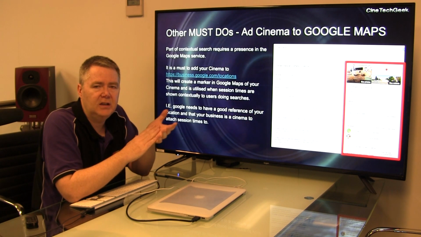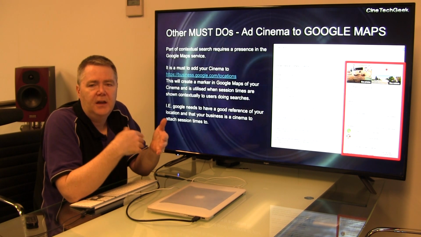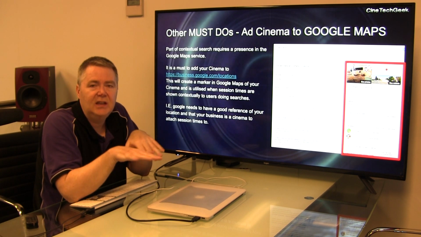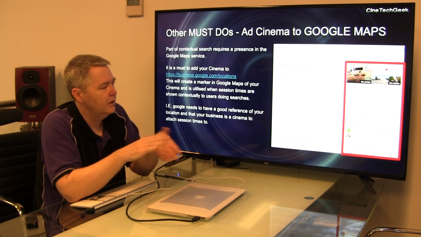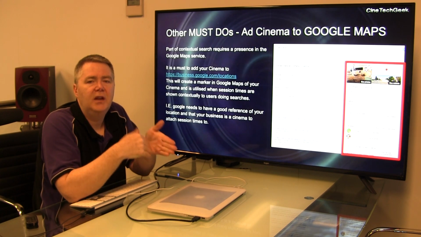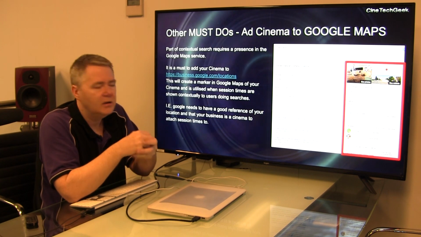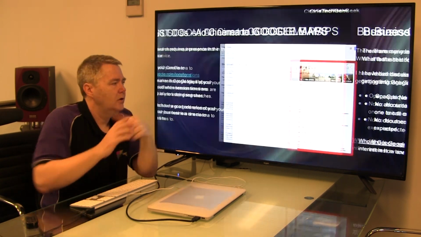And it's very good. They do proper certification of who you are when you register. You actually have to get something physically mailed out to your location with a number on it to certify that you actually own that location. So there's a lot of due diligence happening there to make sure the data is correct. But that's a must-do as part of this process.